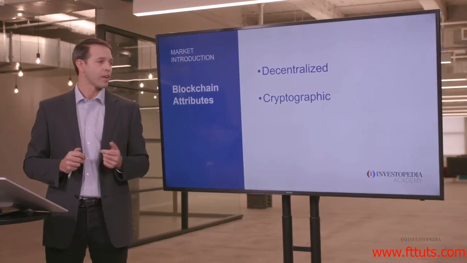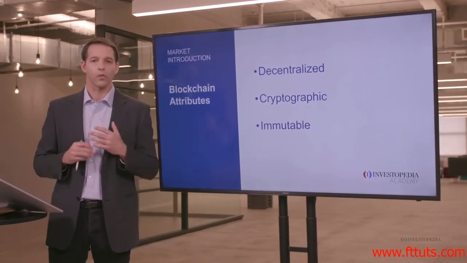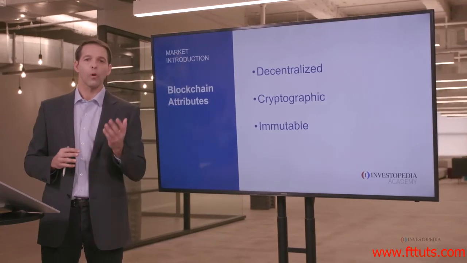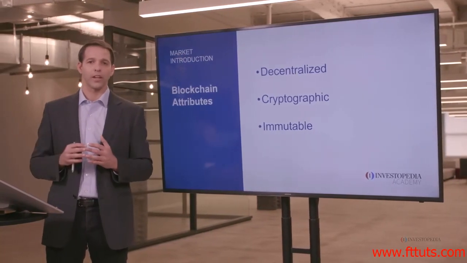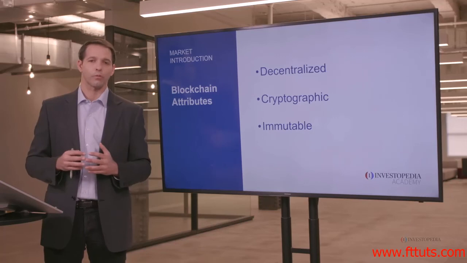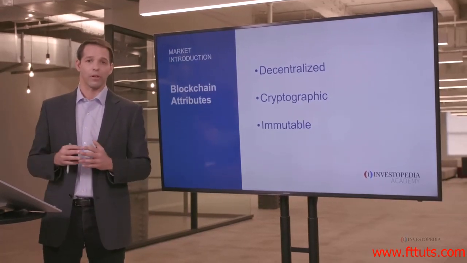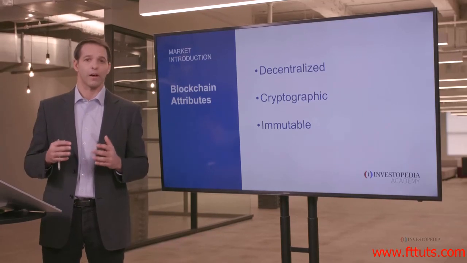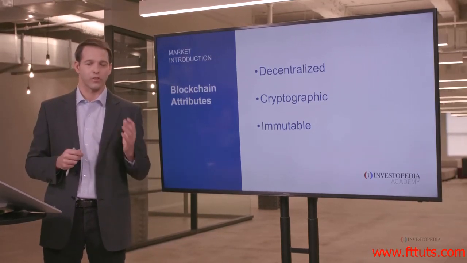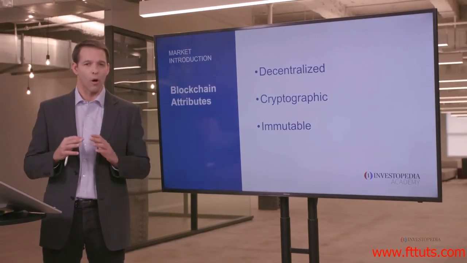And lastly, information is added in a way that's totally immutable. Once a block is created in a blockchain, it can never be reversed without having more than 51% of the power of the network. And you'll see when we start talking about the different consensus mechanisms that secures these networks that it's almost impossible.